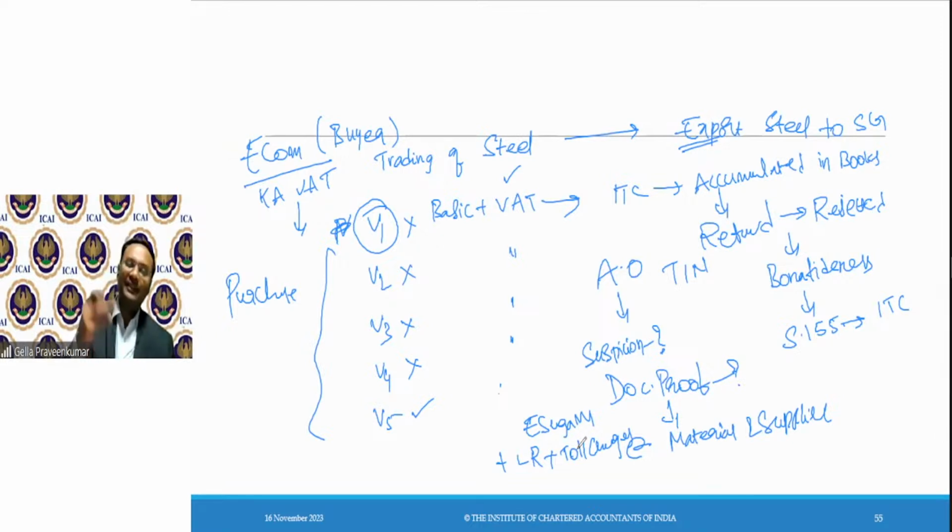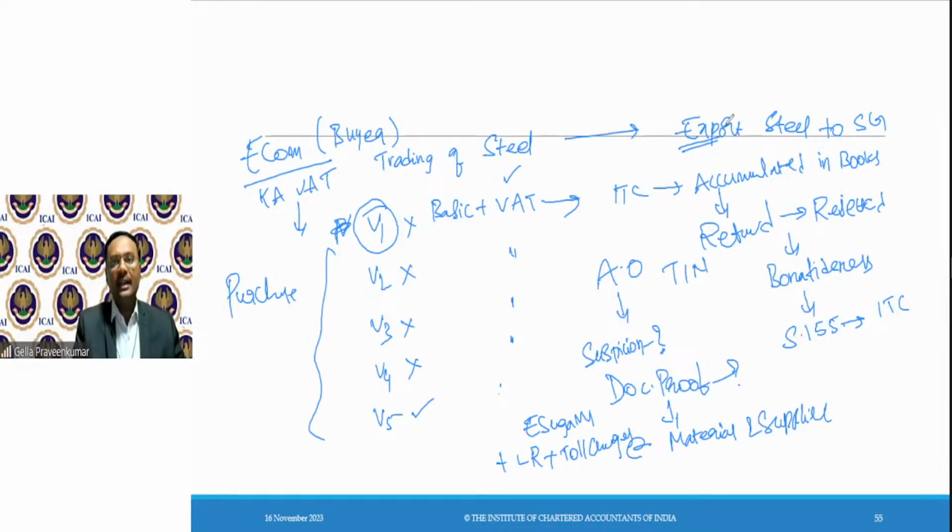Now this matter traveled to the Supreme Court, and in 2023 the Honorable Supreme Court gave a very clear mandate. Look, when the benefit of input tax has to be established, the buying dealer has to establish that he has purchased the goods, there was a movement of goods, and there was a document to establish that the goods were delivered. For this purpose, they started recording e-way bill related transactions under GST law.